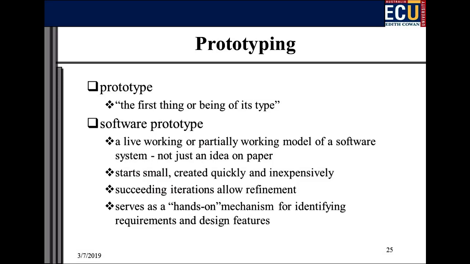Now the other model is the prototyping model, and it kind of sounds like this iterative incremental model as well. The main difference between the two is in iterative incremental, you're making the actual thing that's going to be used.